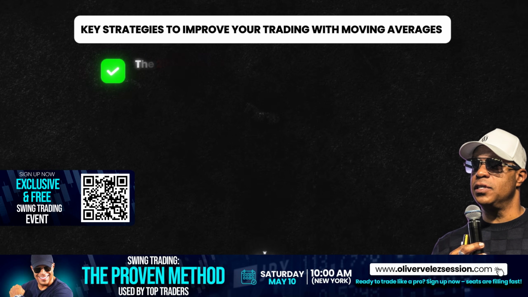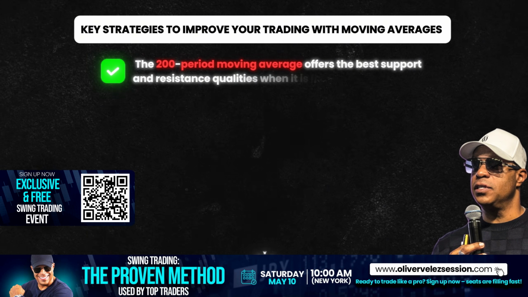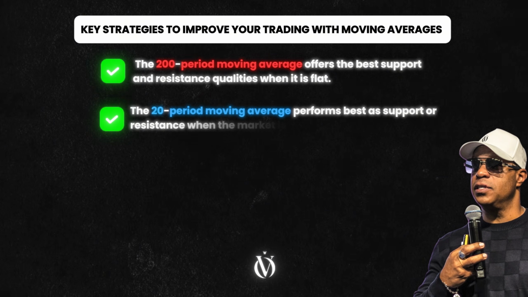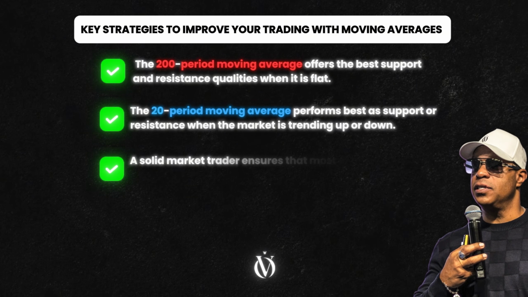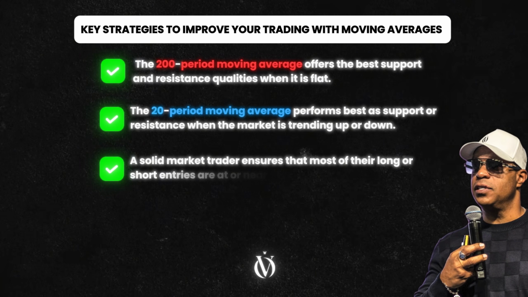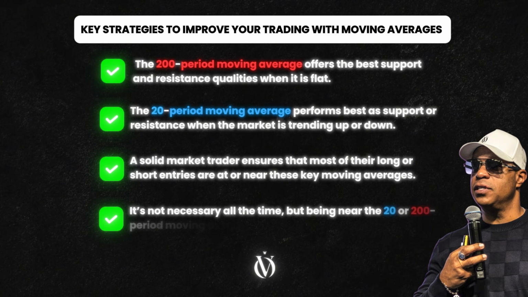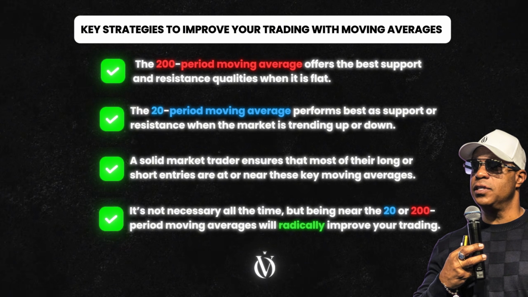If you can ensure that most of your entries, long or short, are at or near one of these two moving averages, not at all the time, but near, you will radically improve your trading.